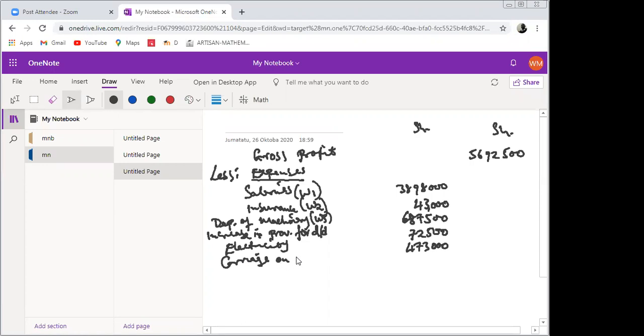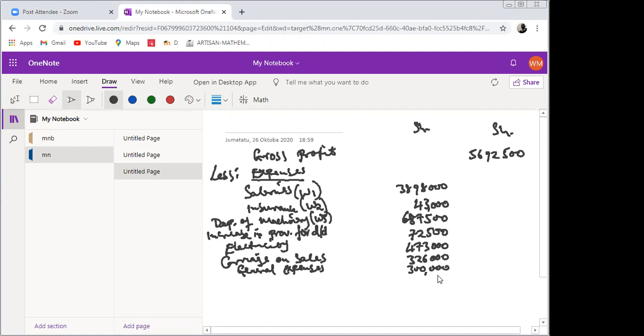Carriage on sales, how much? 326,000. Then inventory, we have handled that. Land and buildings, that is an asset. Machinery is an asset. General expenses, so it's supposed to be here. General expenses, 300,000.